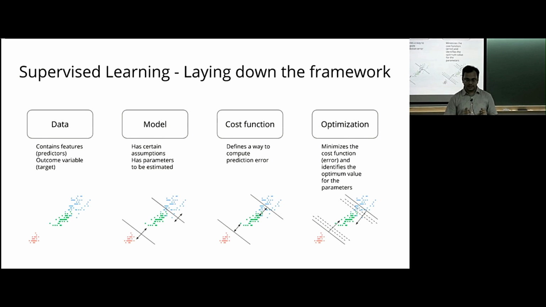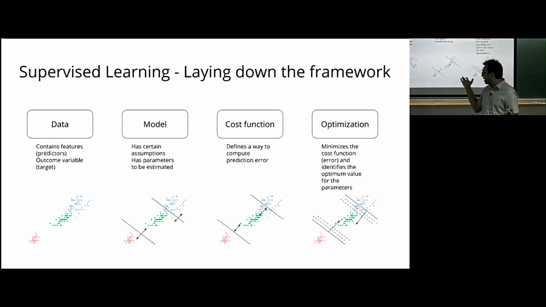In the framework of supervised learning, you have several things called predictors, and you have one thing called the target or outcome. Here the target is the class of the flower, red, green or blue. The predictors in this data set could be the length and width of the petal, and the length and width of the sepal. That's the data that I have plotted here.